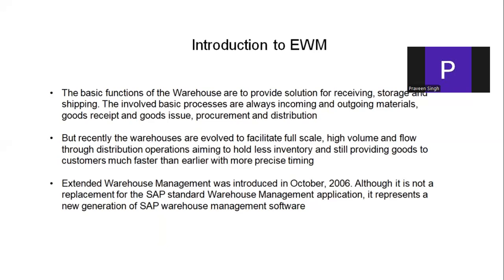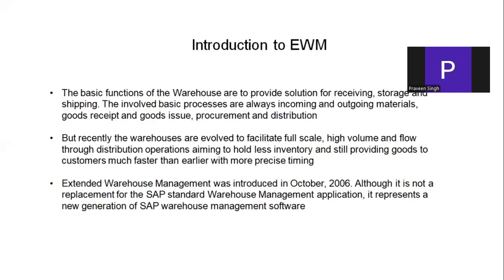Say we have a warehouse which needs to get goods inside, which is an inbound activity. So a warehouse provides a particular chain of command: how the goods should come inside, where we should store the goods, and where we need to ship the goods. These are the basic fundamentals of the warehouse on the industry standards that EWM has to follow.